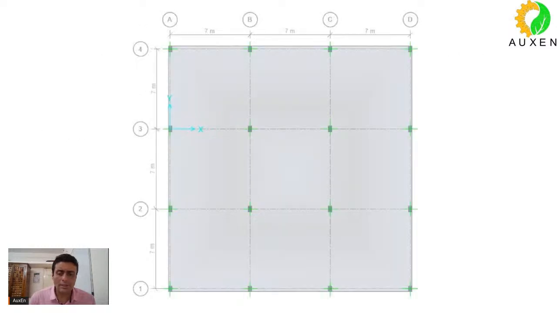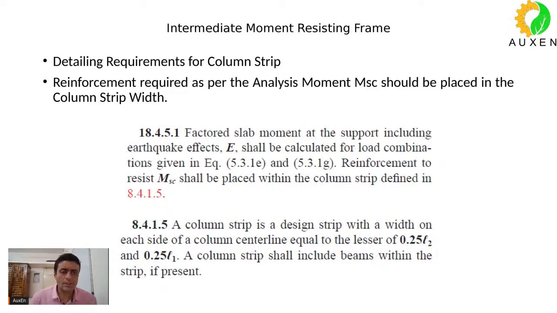This is a simple flat slab plan that I have taken. 7 by 7 meters is every panel, and in fact it is without drops right now, just for illustration purposes. So we would be focusing more on the column strips right now. Why column strips? Because middle strips anyway are not important for lateral load transfer as such.